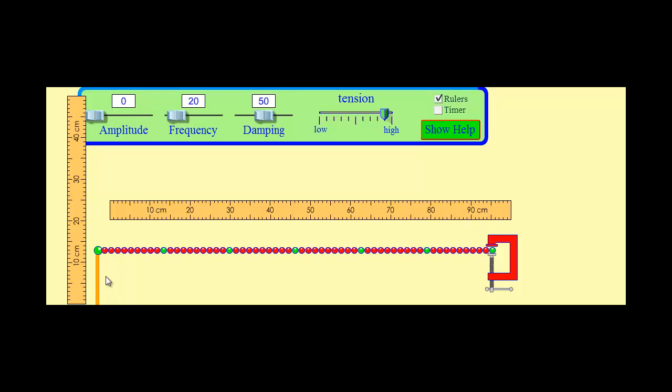So let us start by vibrating the free end and create a transverse wave.